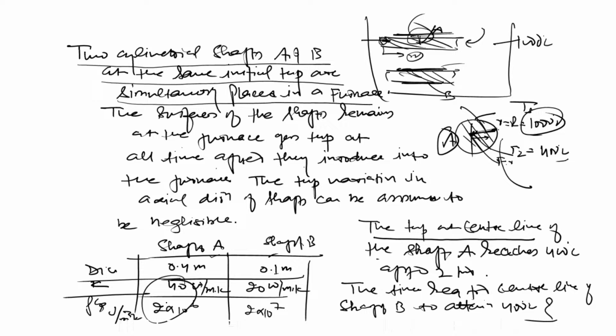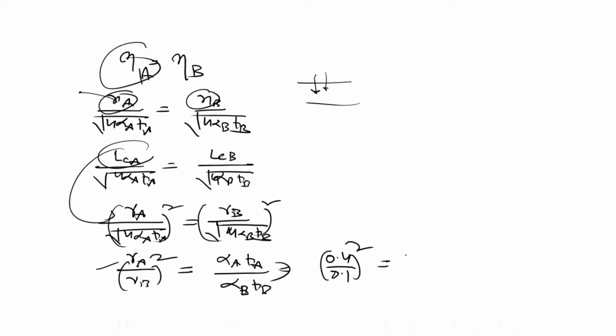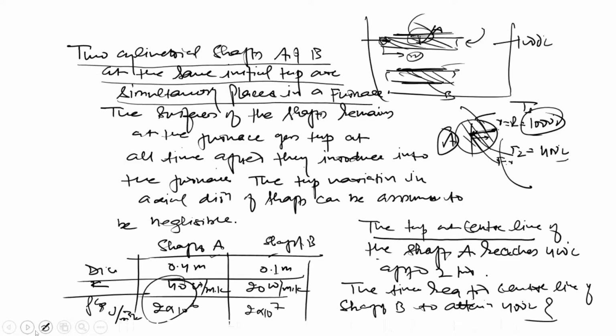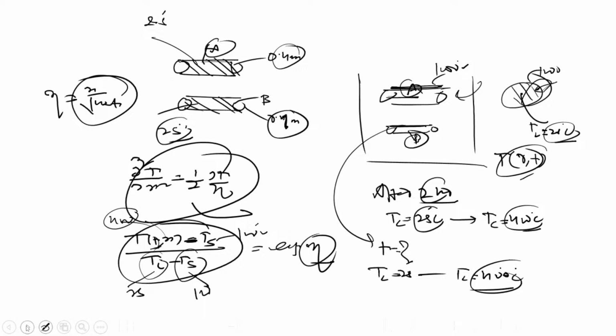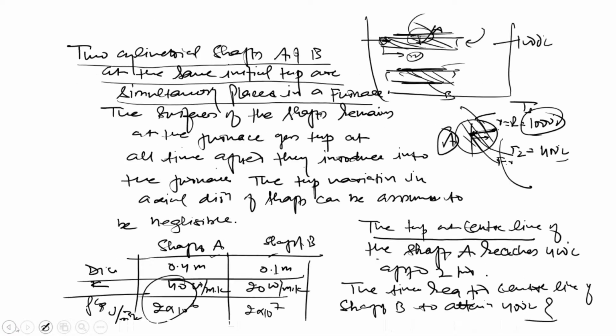K by rho Cp is 40 upon 2 into 10 power 6. So alpha A upon alpha B is how much? 20 upon 2 into 10 power 7.